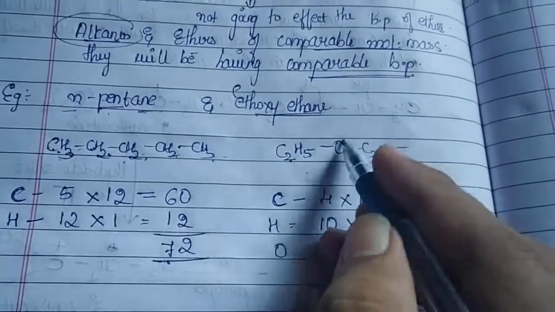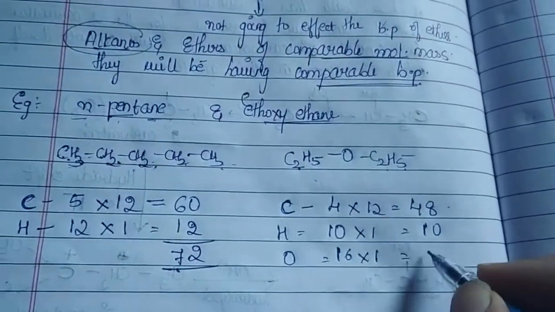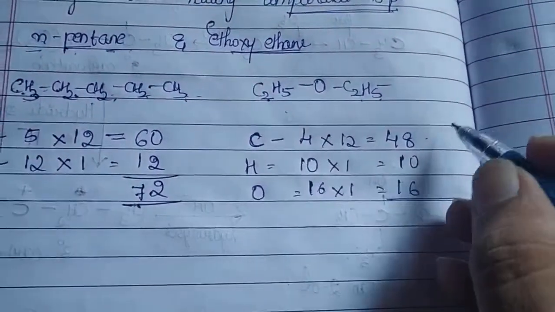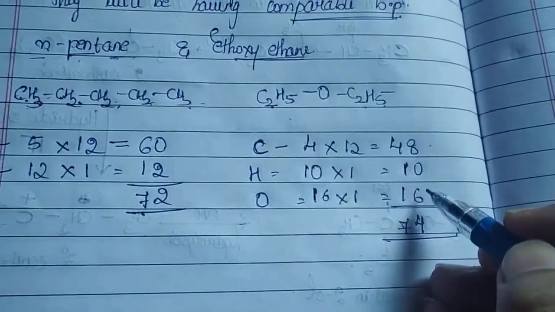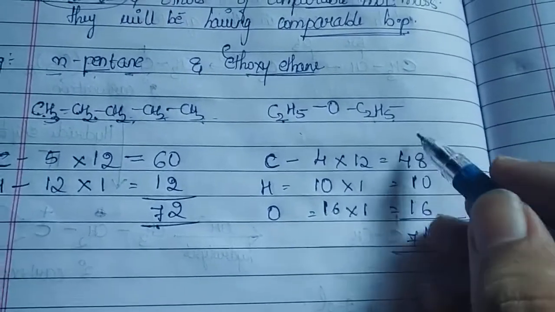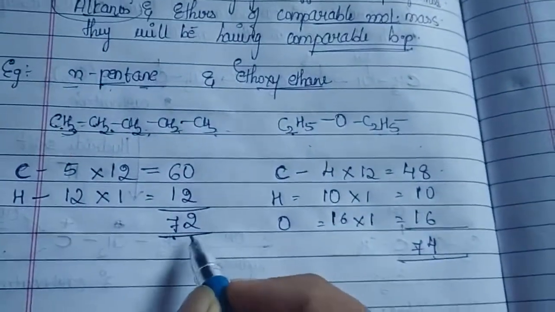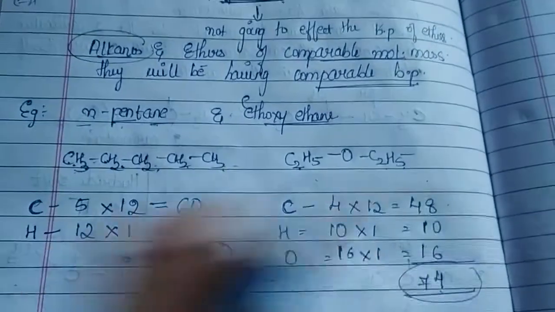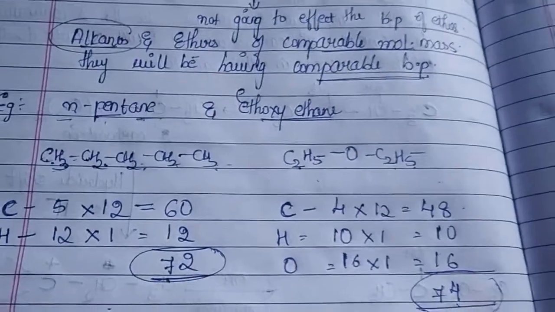Oxygen is also there, so 1 oxygen means 16 into 1, which is 16. So how much do we get? 74. You can just check it out: it is 72 and 74. Nearly equal. I am not saying exactly equal, but they are comparable.